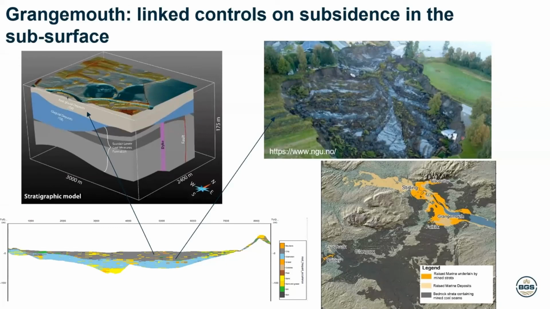Probably not actually going to cause a failure like what we see here in Norway. However, if we start to use the mine workings below these deposits to do geothermal, there is a potential hazard there, which again we probably wouldn't have recognized unless we had the model to allow us to realize how these things were interacting together.